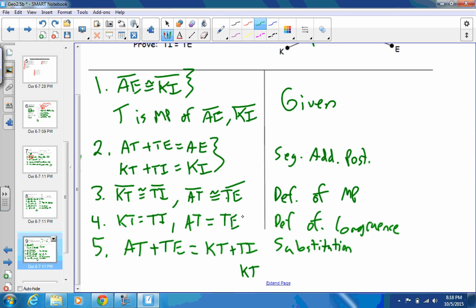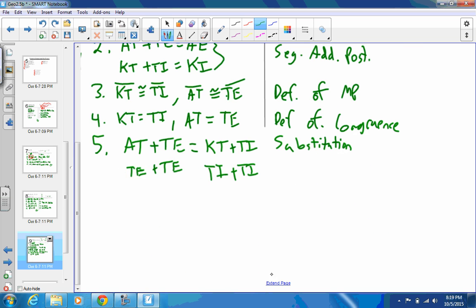Oh no, we don't want KT in there for TI. We want TI in there for KT. So instead of KT, we're going to use TI, since we can do that right here. And then instead of AT, we're going to use TE. This is a long proof, but we're almost there. And that would be step 6 by substitution again.